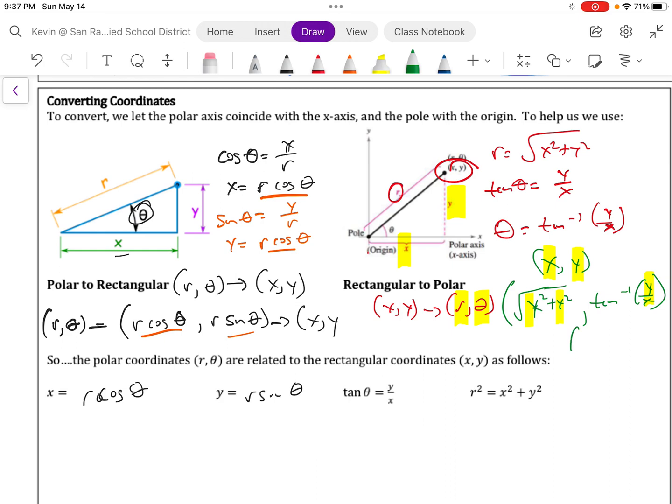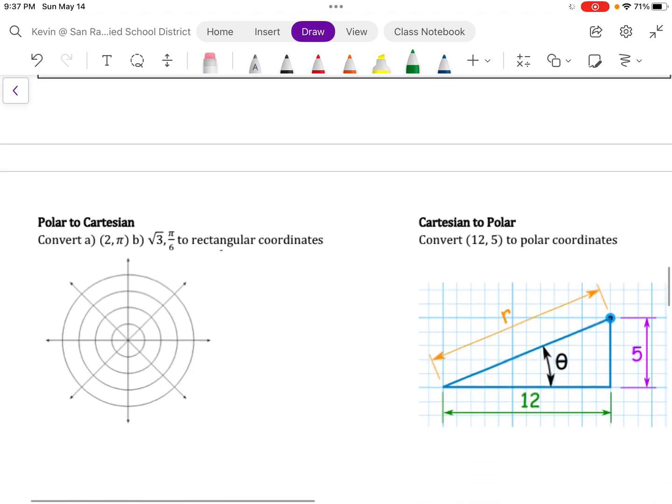When you do that, you wind up with some distance r and some directed angle theta. So theta equals arctan of y over x, and r equals the square root of x squared plus y squared, which is what we just saw. So we're going to practice some problems and see how that goes.